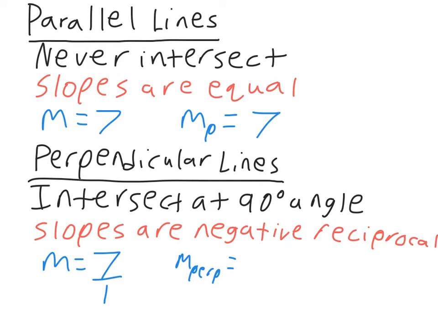So we want to do the negative reciprocal. 7 was positive, so we make it negative. If it was negative, we would make it positive. We just change the sign, and then we flip the fraction. So 7 over 1 will become 1 over 7. So if the slope was 7, we flip it and change the sign to make it negative 1 over 7.